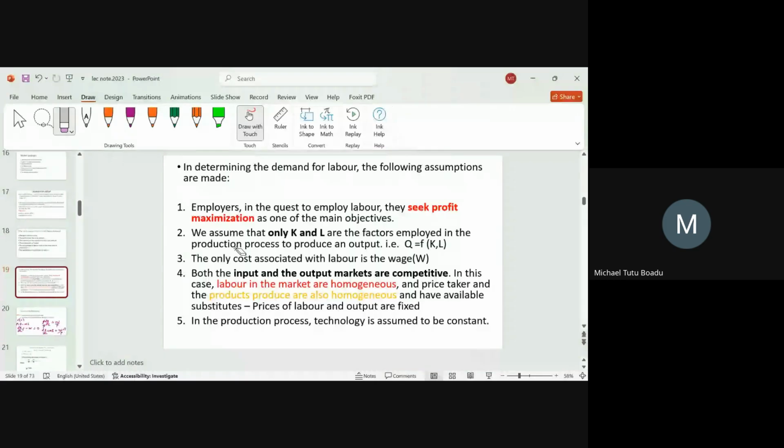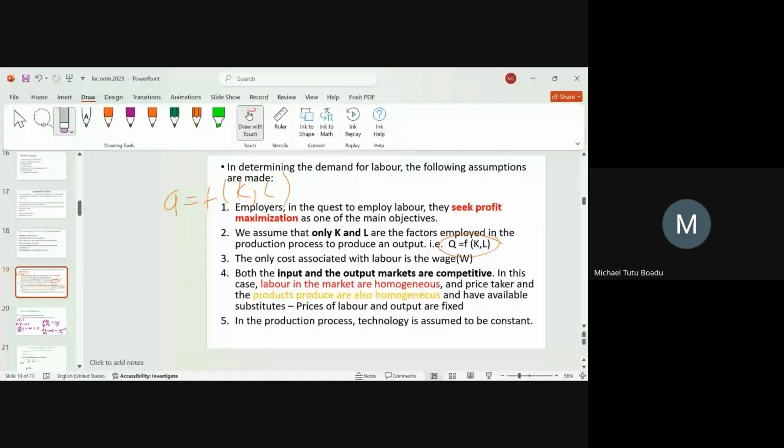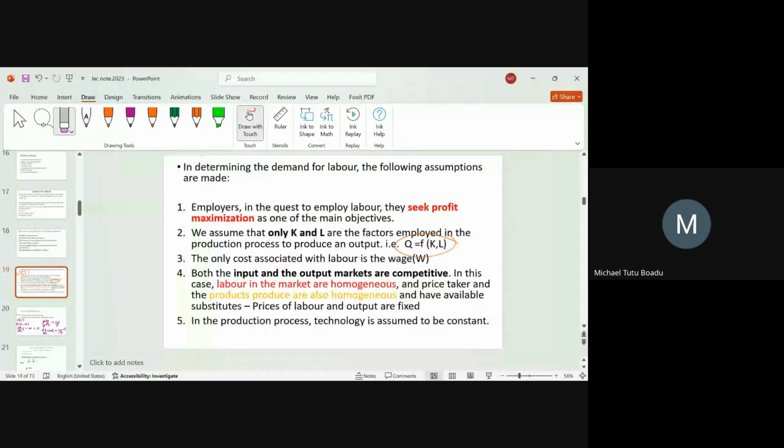The second assumption is that the factors that are used in production are capital and labor. So if you want to produce any output, Q is a function of the amount of capital and amount of labor you have. So this determines your production function. So the production process is determined by two factors or two inputs.